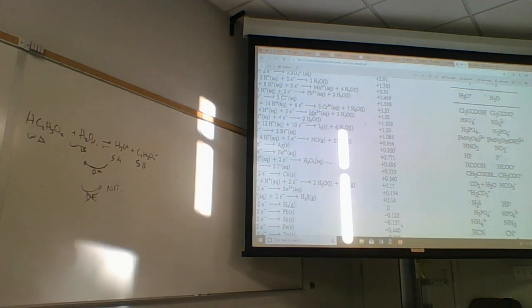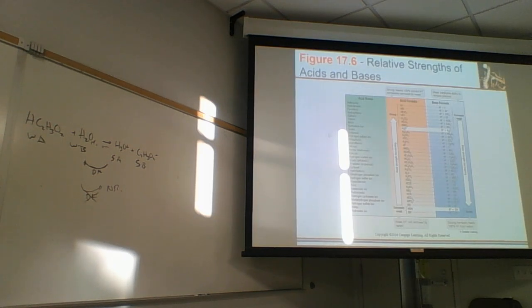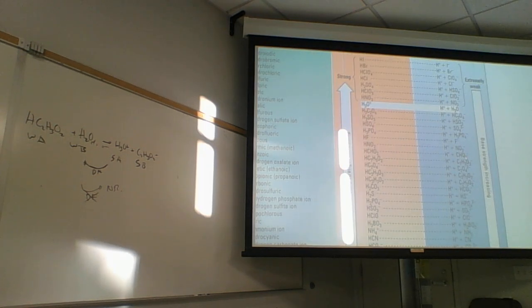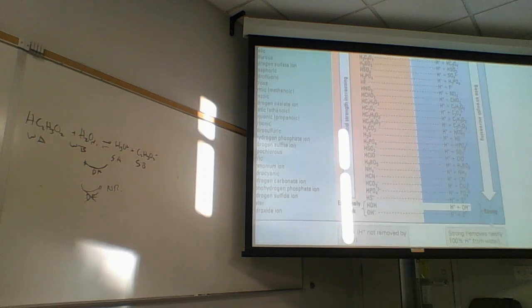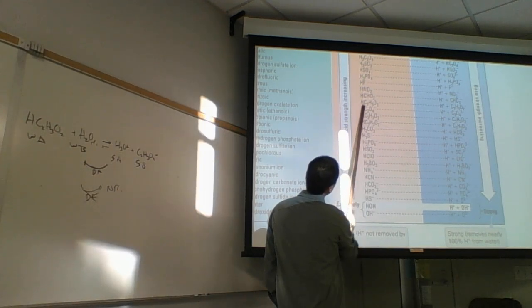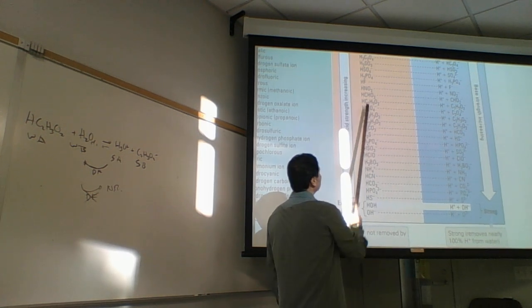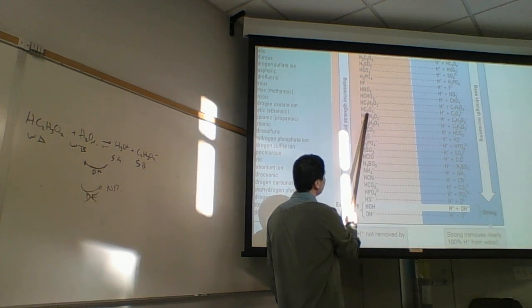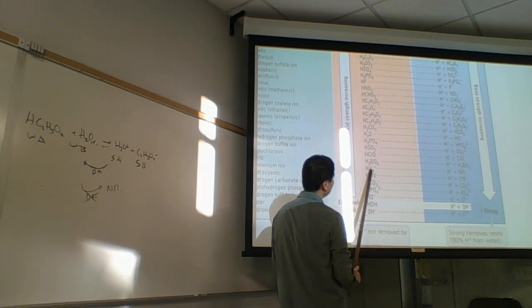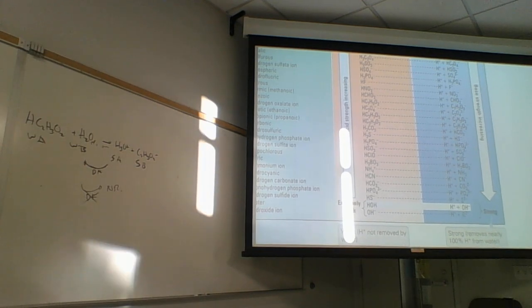Let's check the book's chart. So looking at the book's chart, here's phosphoric acid, here's hydrogen oxalate, and here's ammonium. So you're right. Strongest, phosphoric, next hydrogen oxalate ion, last ammonium. This is just using the chart to find the species.